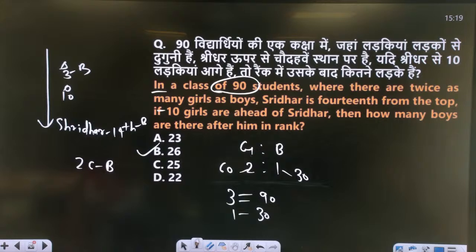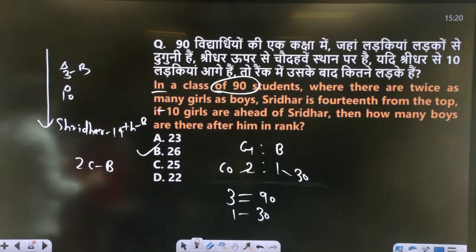It means 13 students are sitting before Sridhar. In 13 students, there are 10 girls. So it means the remaining 3 students are boys. 3 boys and 1 boy, 4 boys. So remaining 26 boys. Is it clear? Good. Any doubt?